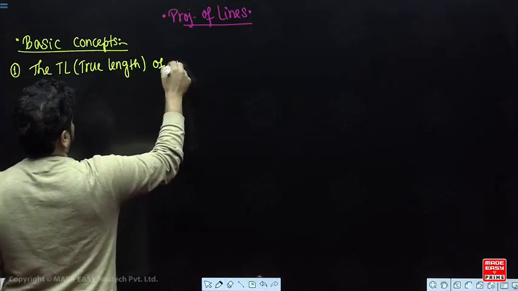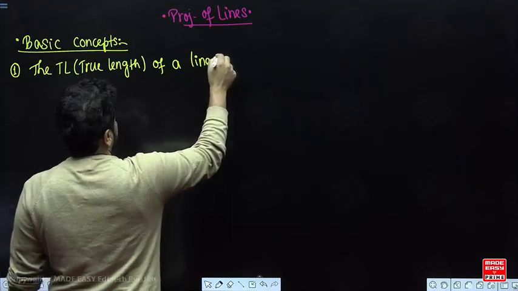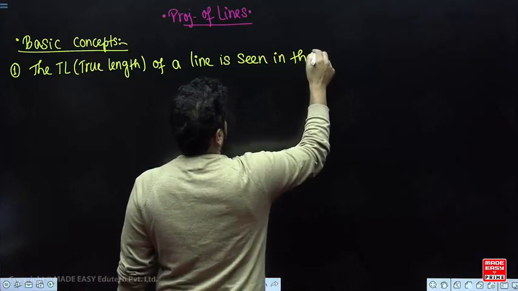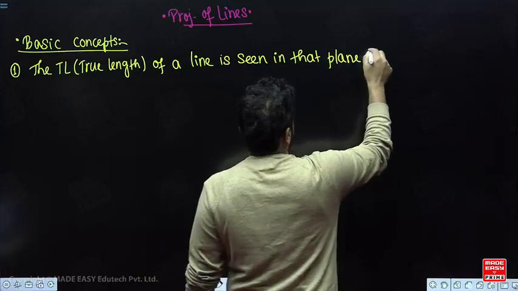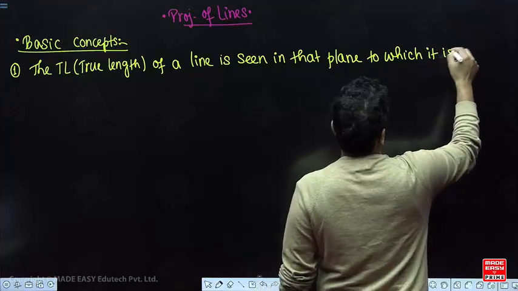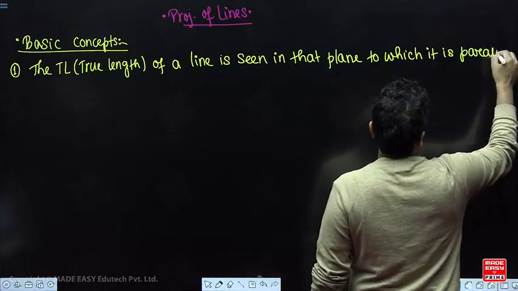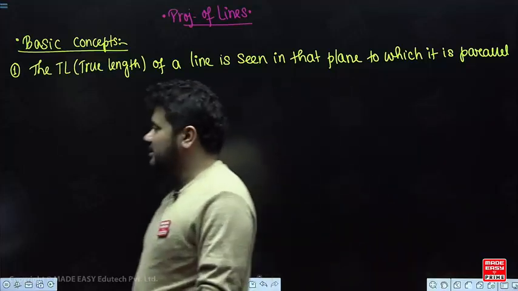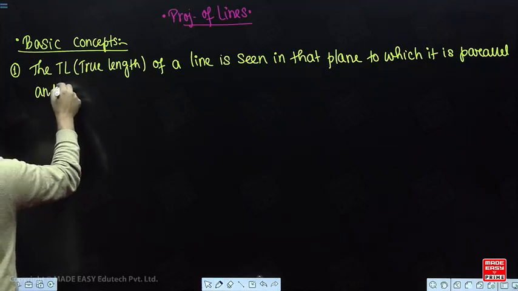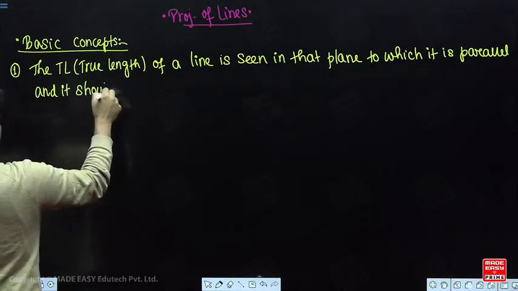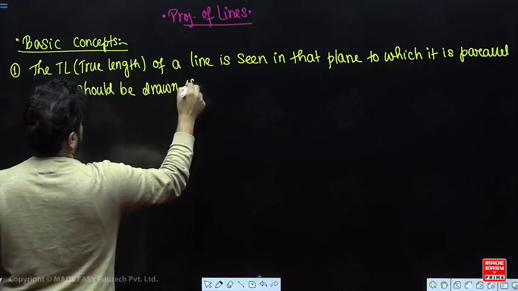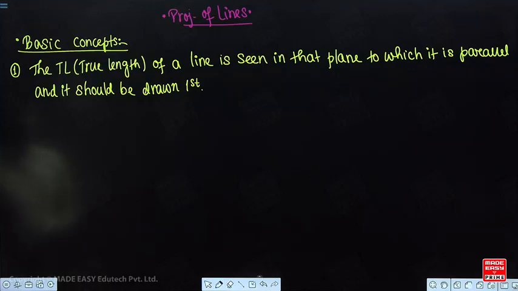The true length of a line is seen in that plane to which it is parallel, and it should be drawn first. Clear?